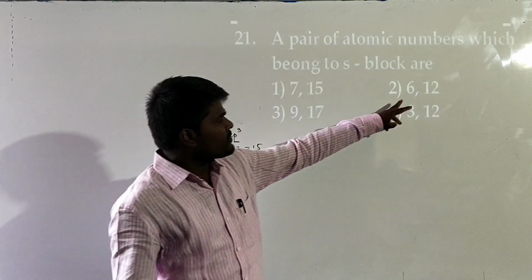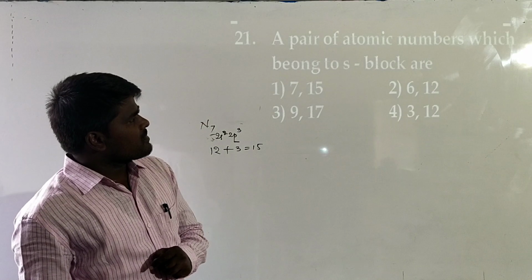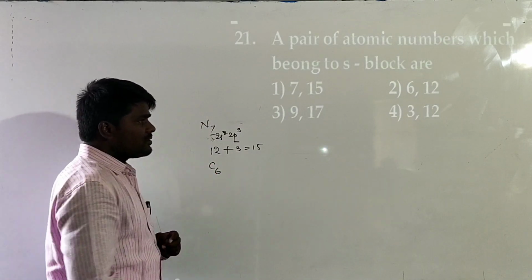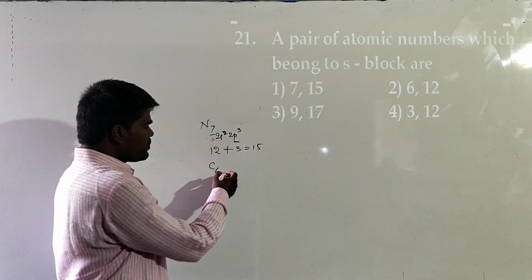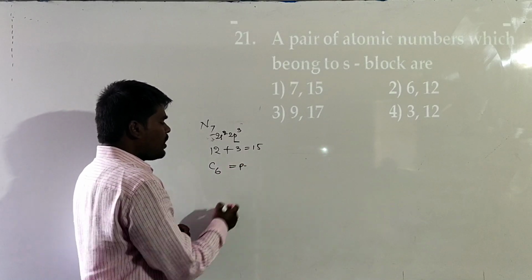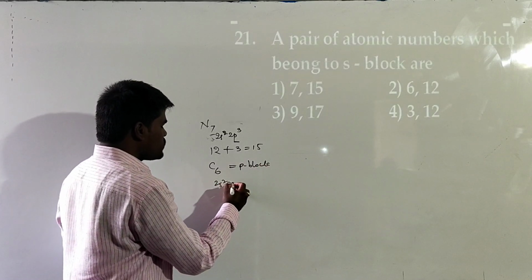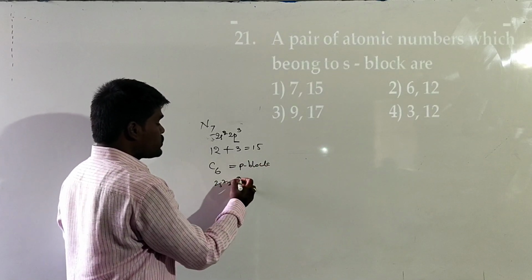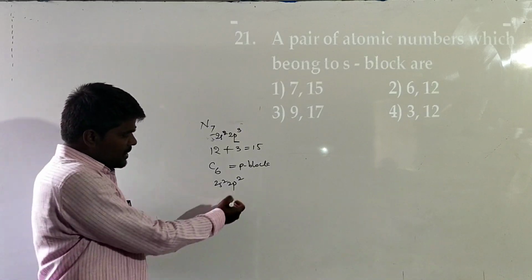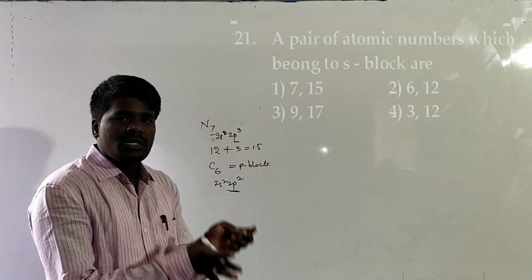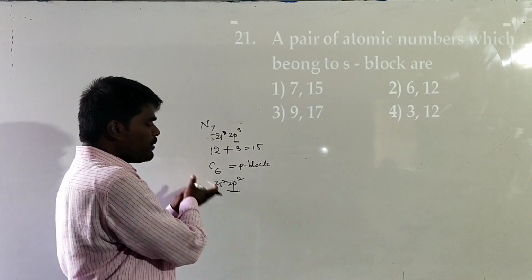Now if you look at these options, atomic number 6. Atomic number 6 is carbon. And carbon also belongs to the p block. How does it belong to the p block? Its valence electronic configuration is ns2 np2, 2s2 2p2, and the differentiating electron is present in the p orbital, so this carbon belongs to the p block.